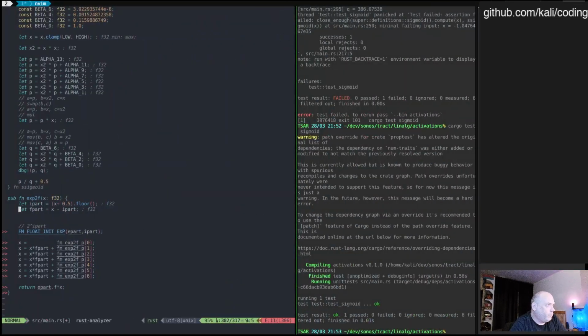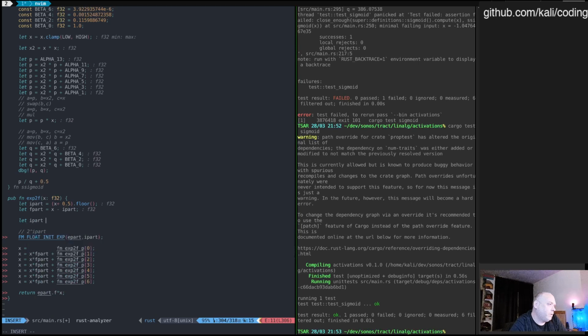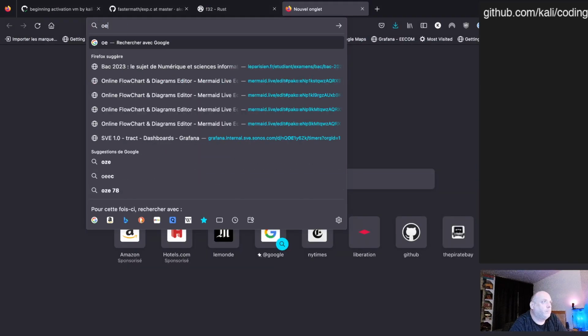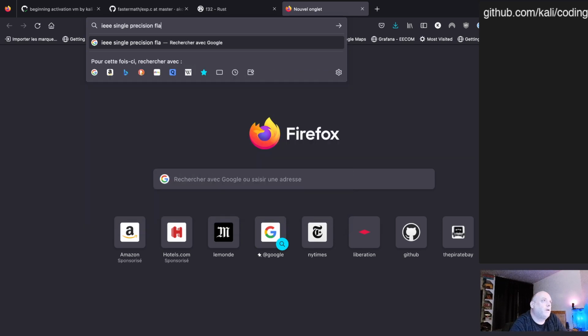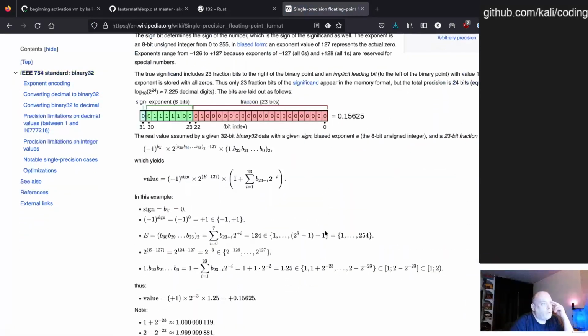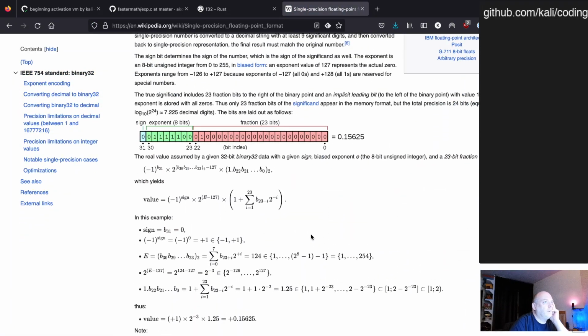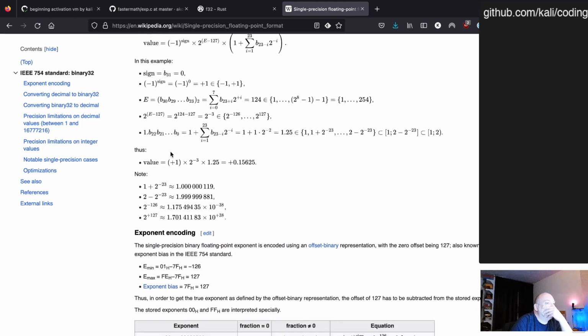So we have the I part. We will need to shift 23 times to the left, but before that, the exponent should be 2 to the power of I part.